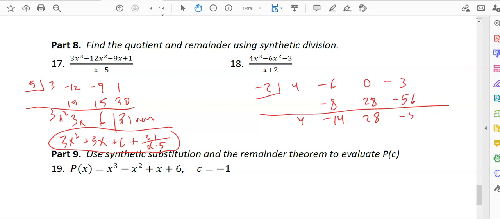Wow. Negative 53 is the remainder. This is x squared. So we get 4x squared minus 14x plus 28, minus 53 over x plus 2.